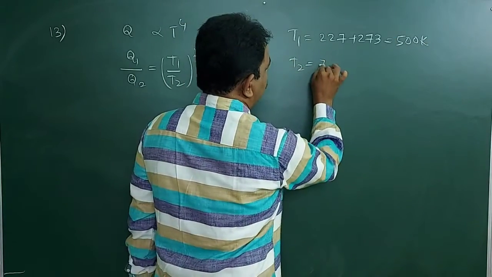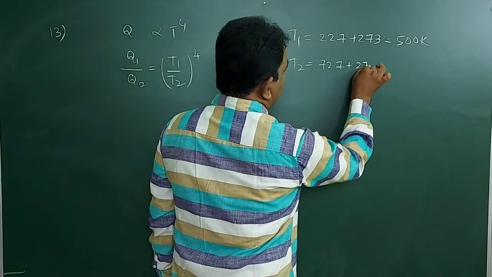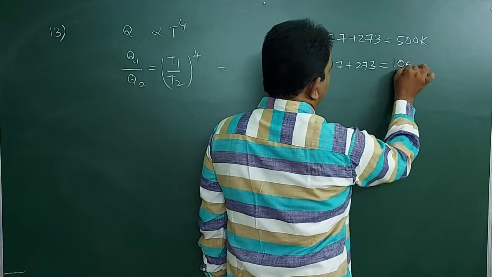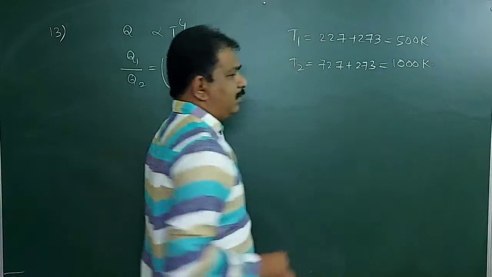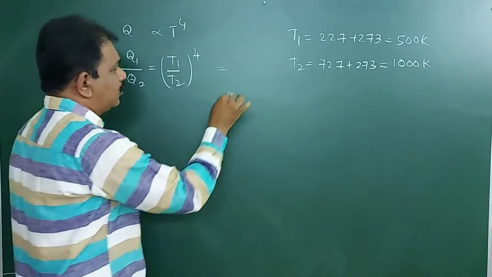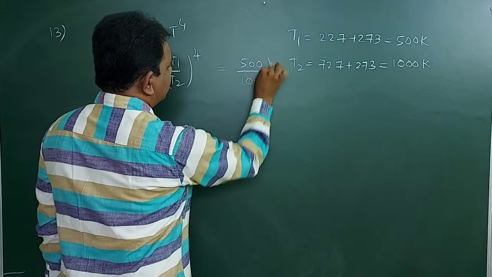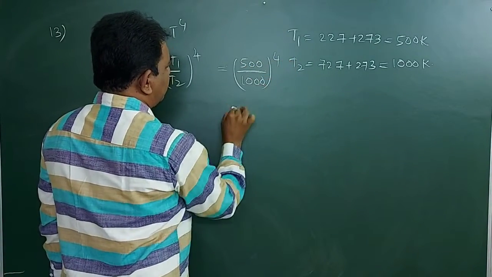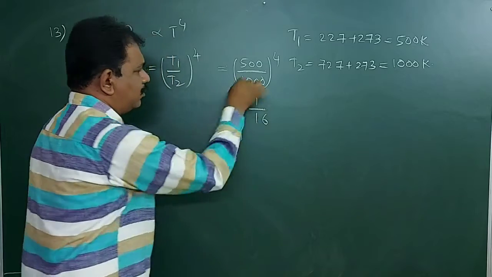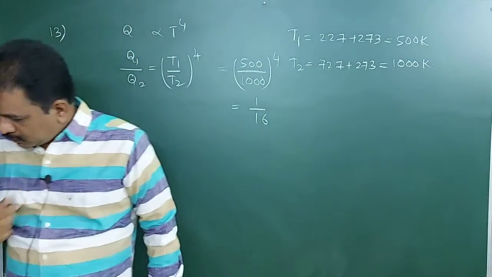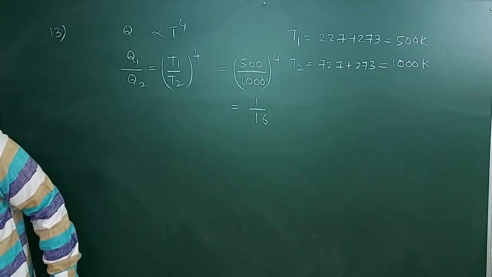T2 is equal to 727 plus 273, it will be 1000 Kelvin. So 500 by 1000 power 4, that is (1 by 2) power 4, so that value will be 1 by 16.